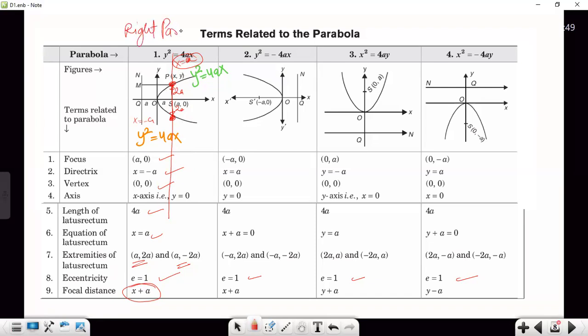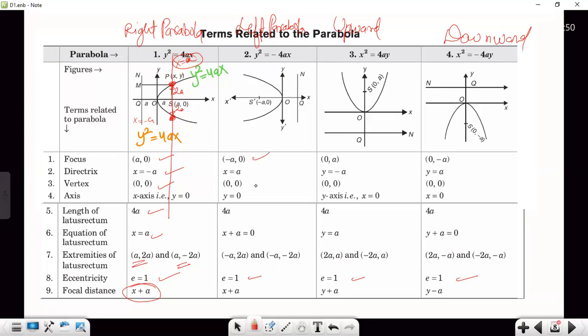When the parabola is opening towards its left, it is called a left parabola, a left-facing parabola. And this is an upward-facing parabola. This is a downward-facing parabola. Now, for left-facing, nothing much changes.